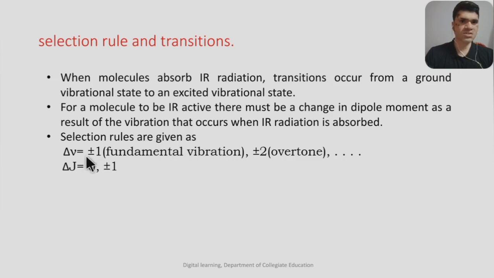When delta V is equal to plus or minus 2, this is the first overtone, and plus or minus 3 is the second overtone, and so on. Whereas for rotational, delta J is equal to plus or minus 1. So these are the selection rules for vibrational spectroscopy.